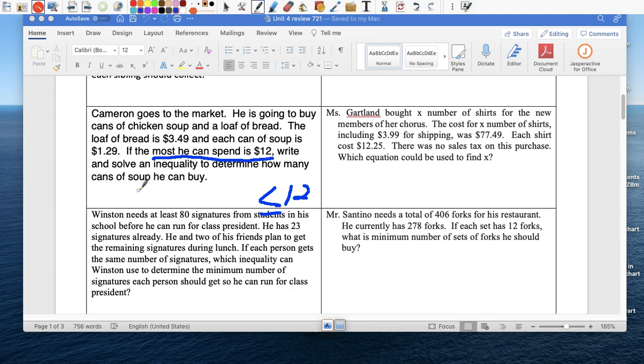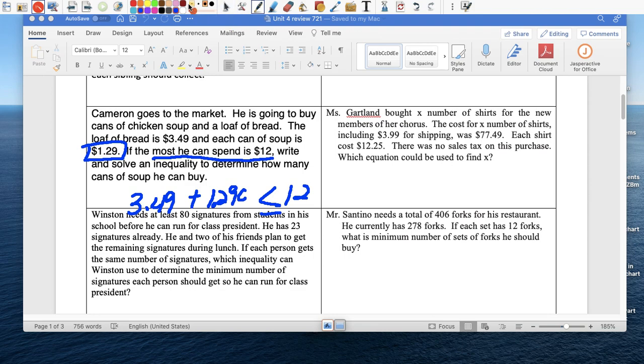We know he's buying, sorry, not $1.29, $3.49 is the bread. So he's buying one loaf of bread. So that's guaranteed. And then we need to find out how many cans of soup, and that's our unknown, right? So our unknown is going to be 1.29 times however many cans we can grab.